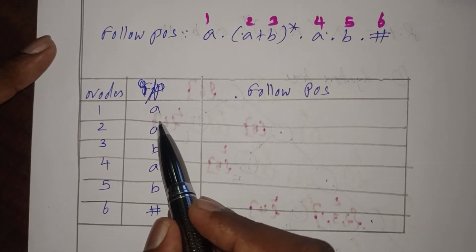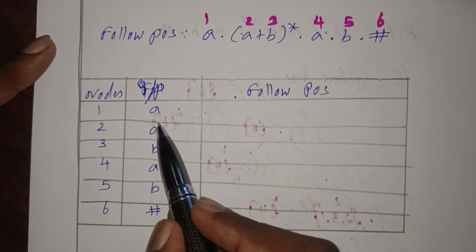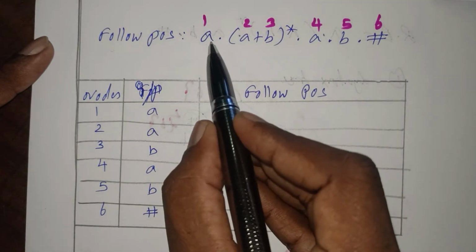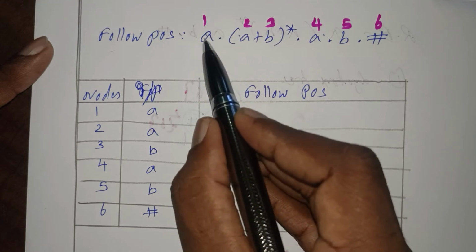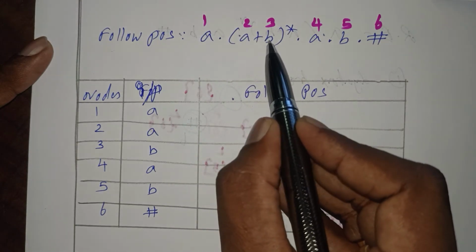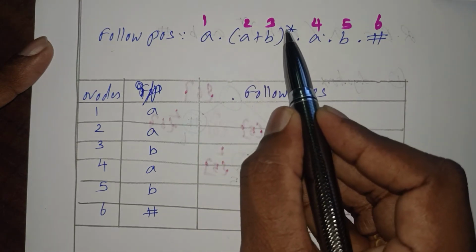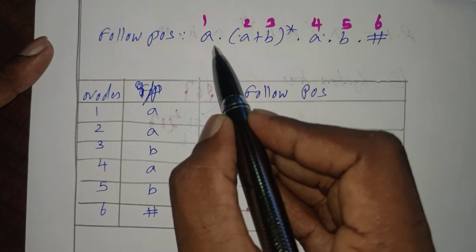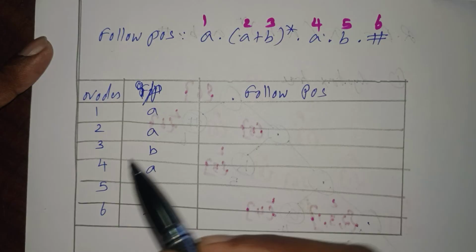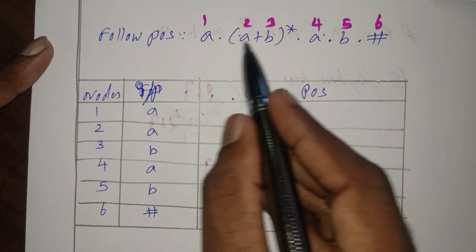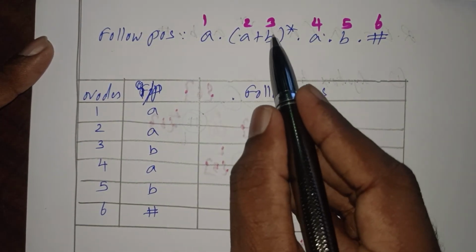This A is going to have a follow position. Say for example, this node number 1, A dot, A dot. What is the follow for this A? It is A, again B, and again it has a closure, right? When we have a closure, the follow position will extend to the next node also. So 1 takes this value and ends exactly before this closure value.